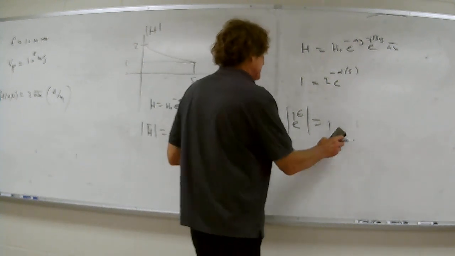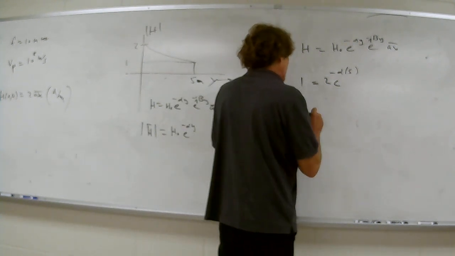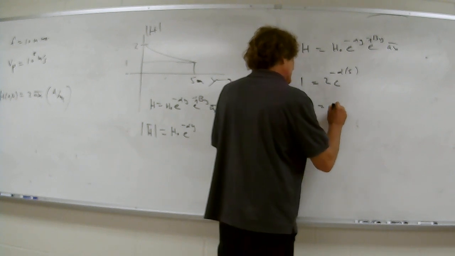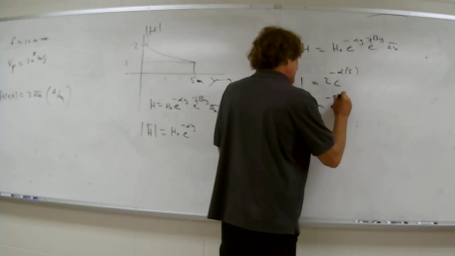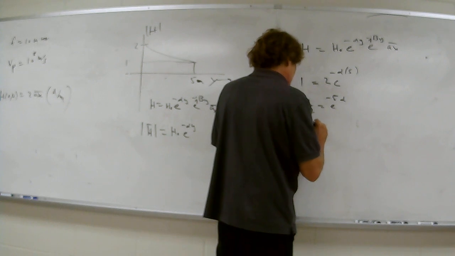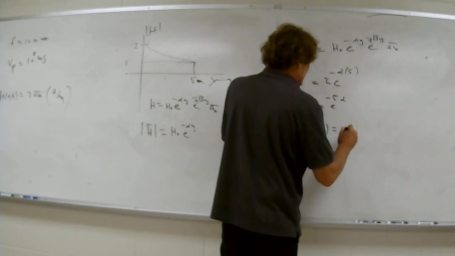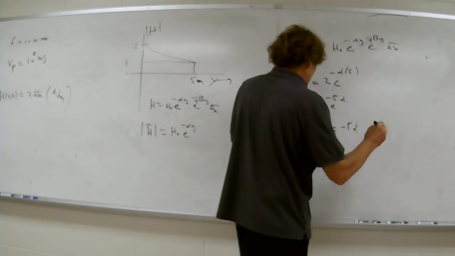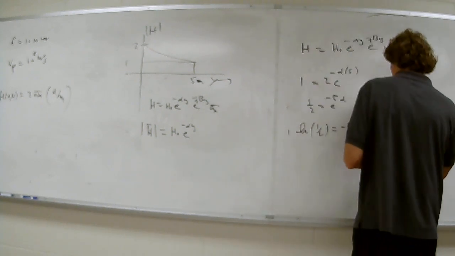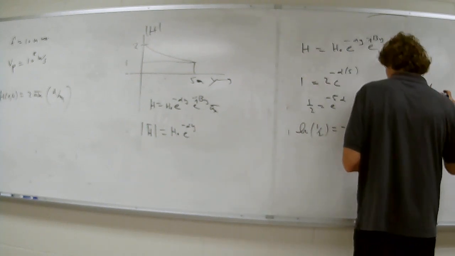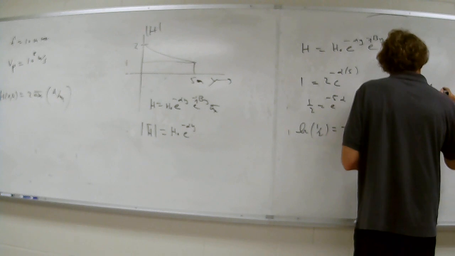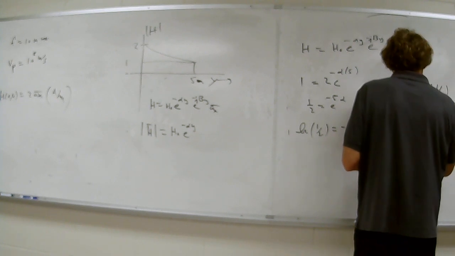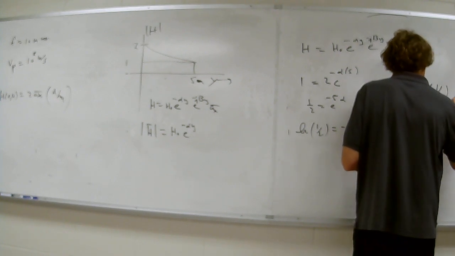Okay, so what is this going to be? Now I have 1/2 equals e to the minus 5 alpha. The natural log of 1/2 is equal to minus 5 alpha, or alpha is equal to the natural log of 1/2 divided by minus 5. I don't know what that is.